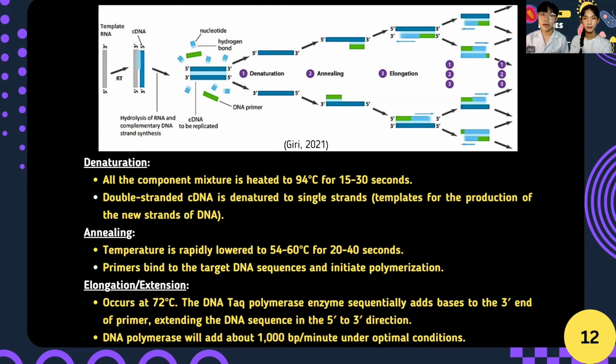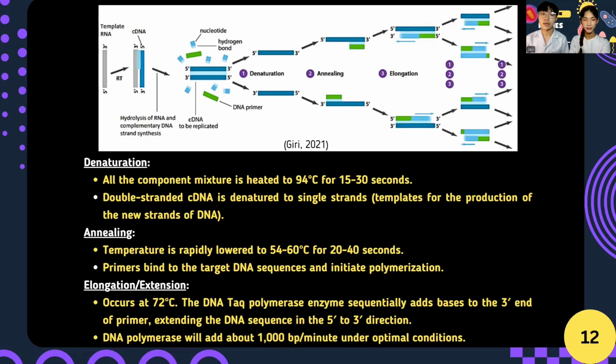Then the next step is annealing. Annealing uses a temperature between 54 and 60 degrees Celsius for 30 to 40 seconds, and the primer binds to the target DNA sequence and initiates polymerization. The last step is elongation, or extension.